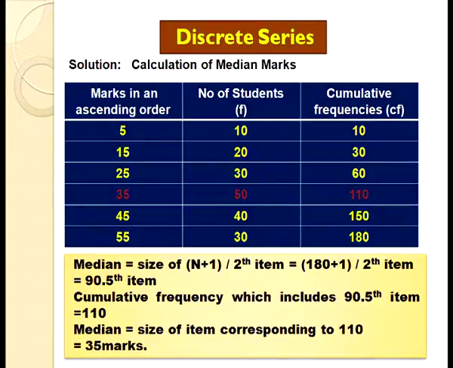Now, the first step we have done is arranging the data in ascending order. The second step, cumulative frequency. We have made one more column for the cumulative frequency, that is 10, 10 plus 20 is 30, 30 plus 30 comes to 60, 60 plus 50 comes to 110, 110 plus 40 comes to 150, 150 plus 30 comes to 180.